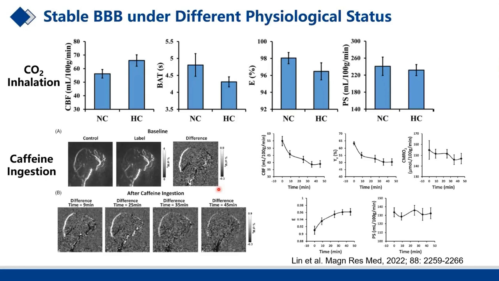After caffeine ingestion, of course, there is a decrease in the CBF, a decrease in the venous oxygenation, CMRO2, and an increase in the water extraction fraction. But again, the PS value remains relatively stable. So that means no matter what physiological status our patient or our subject is in, we can use this sequence to get a relatively stable BBB permeability measurement.